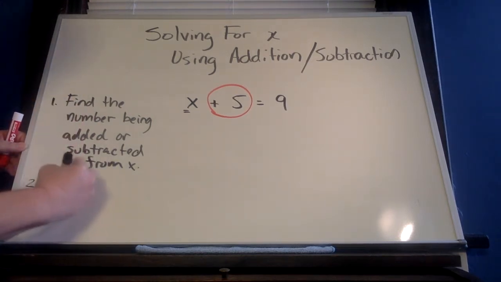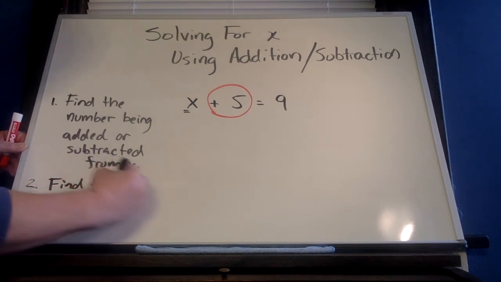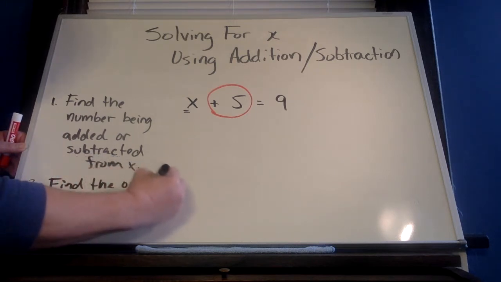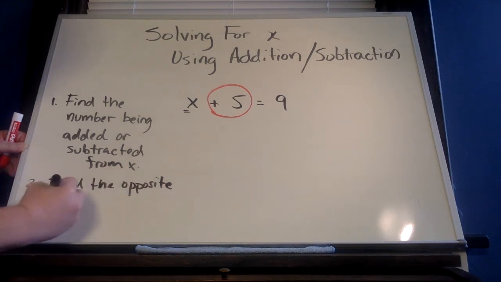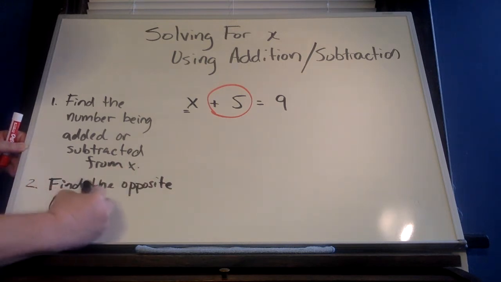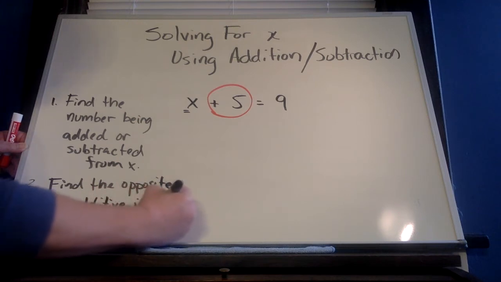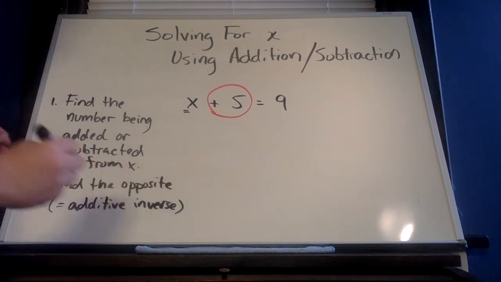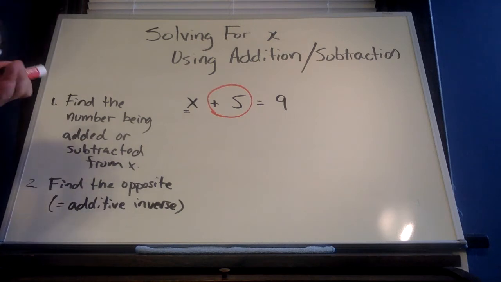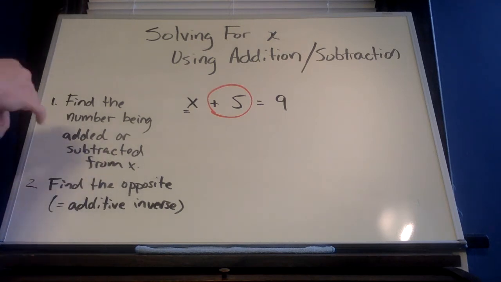So, find the opposite. Remember that word we had earlier in the semester? This is the same thing as the additive inverse of the number. So, the opposite of plus 5 is minus 5.